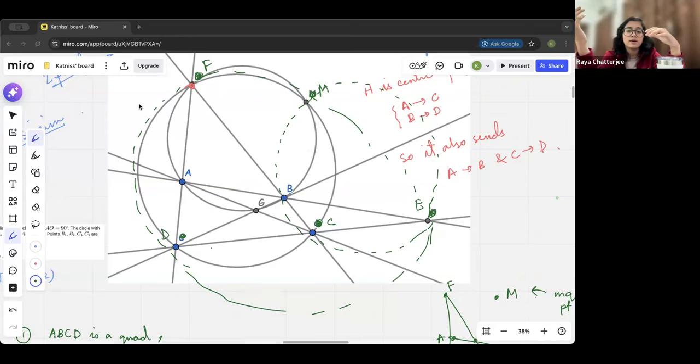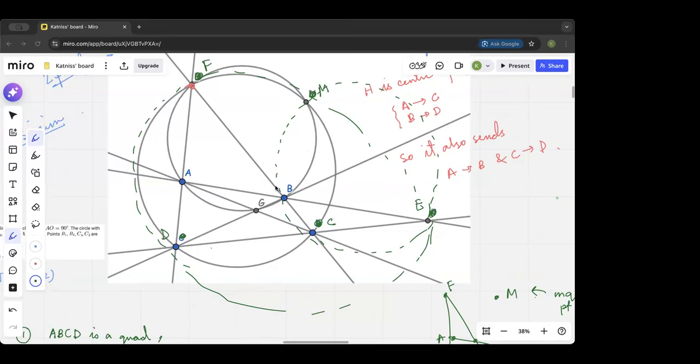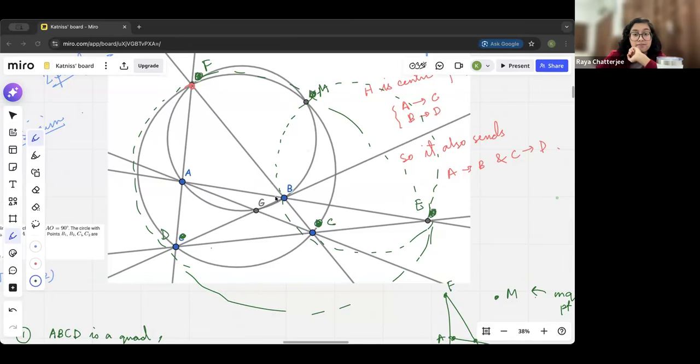So can you try to think about anything like that? Unmute and speak if you can find something. What are we supposed to search for? Any spiral similarity pairs that you can find here.